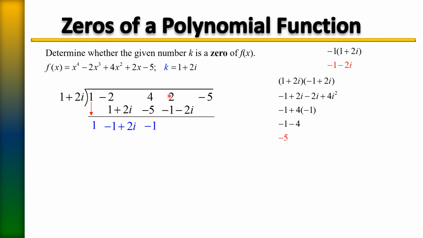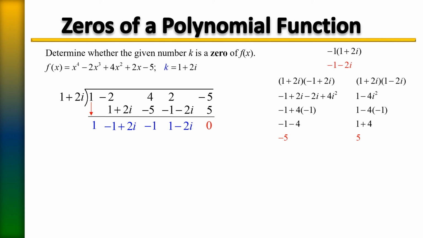Combining the real with the real, I'm going to bring down 1 minus 2i, multiply that with the outer divisor, and that is nothing more than conjugates, 1 plus 2i, 1 minus 2i. You can multiply first and last, or you can just do FOIL. Either way, it's going to give you a result of 5. Combine your last, and you have a 0.